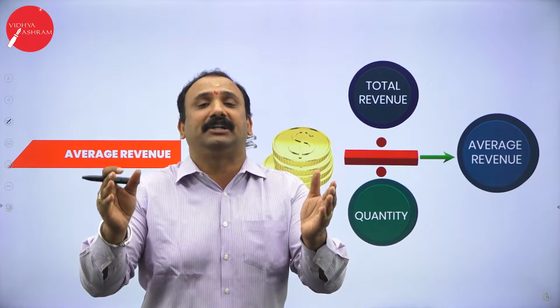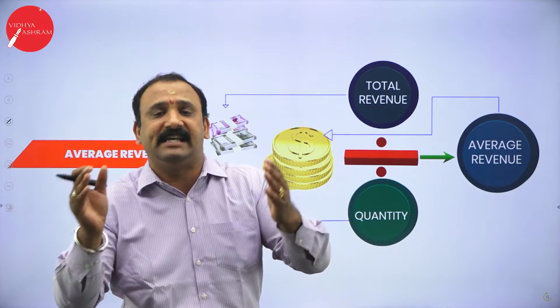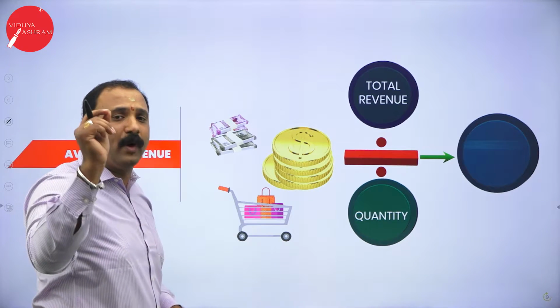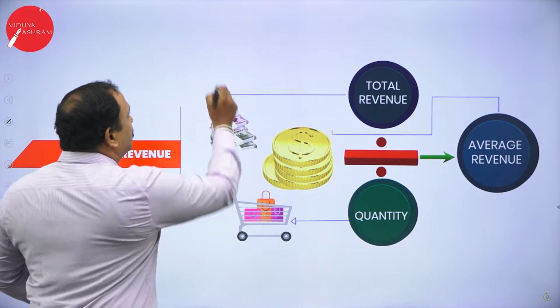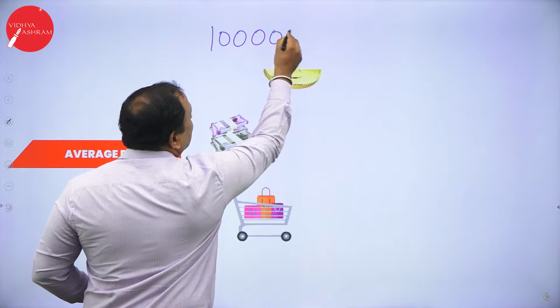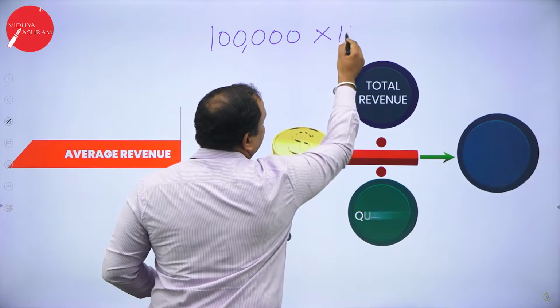Now for example, Nestle India Limited. Nestle manufactures 1 lakh packets of Maggi and they sell it in the market. Now the cost of 1 lakh packets of Maggi, let us try to calculate. If the cost of 1 packet of Maggi is 10 rupees for example, now Nestle would be manufacturing 1 lakh packets. 1 lakh packets multiplied by 10.